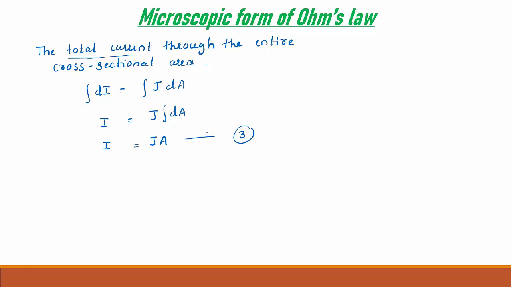Now, electric current in terms of drift velocity, we already studied in the previous video lecture, and that equation we can use here. The relation is I equals n A e Vd.